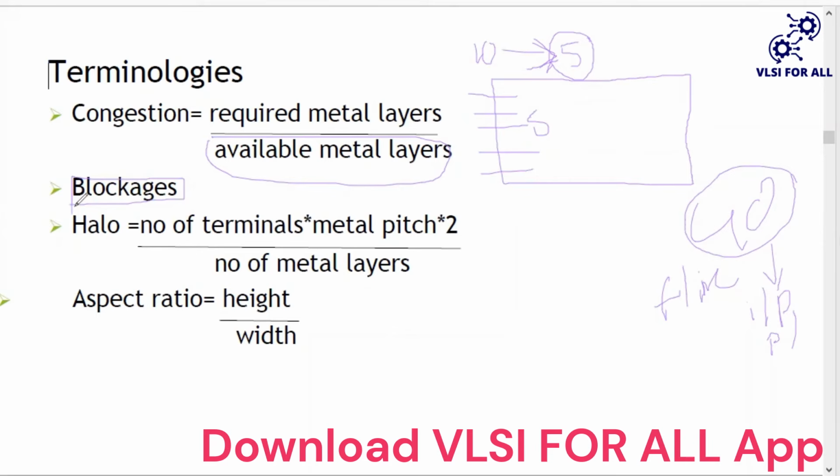For example, if your design has 12 routing metal layers, then 12 routing blockages are available. I will explain in the next slides and future classes how the blockages work.